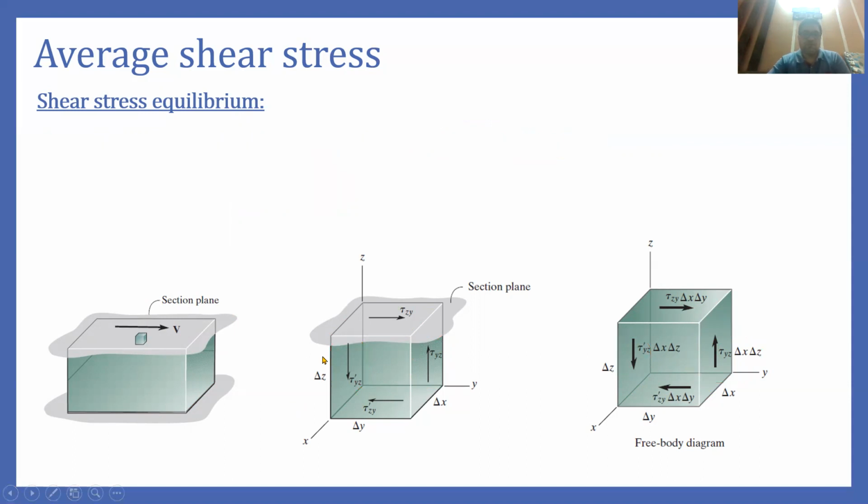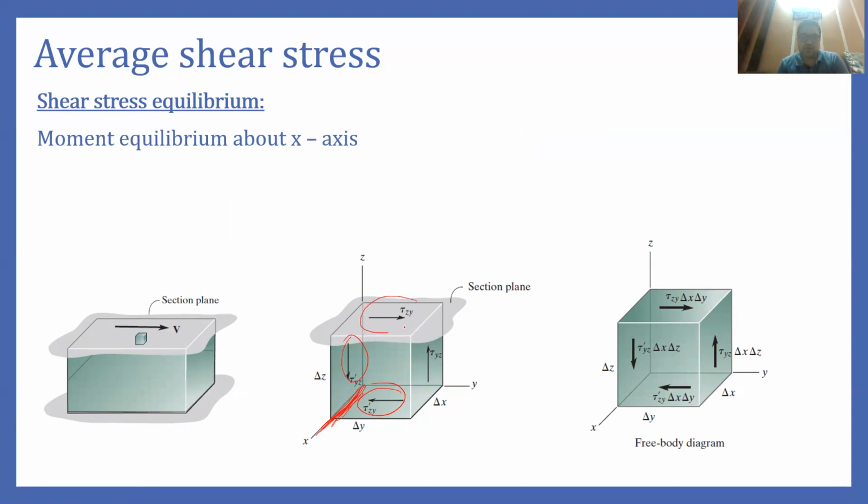Now, similarly, we apply the moment equation, because that is the third equilibrium equation. If we apply moment about the x-axis, the moment due to this force and this force will be zero because their lines of action pass through this axis.